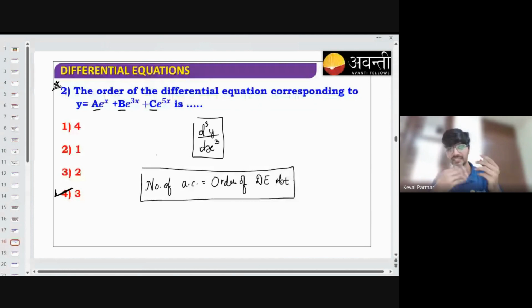That many times I will have to differentiate, and if I differentiate that many times, then the order will be that. So 3 arbitrary constants, 3 times differentiate, order 3. 2 arbitrary constants, 2 times differentiate, order 2, and so on. Got it? So number of arbitrary constants equals to order of the differential equation obtained.